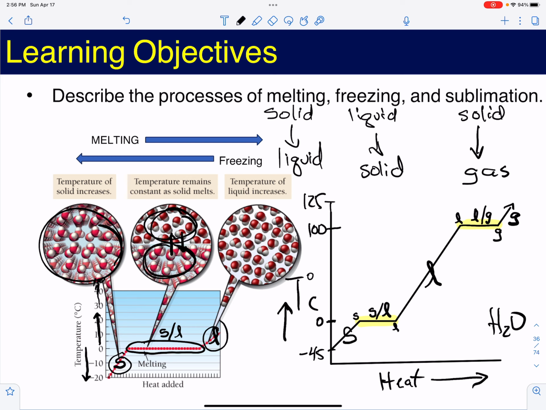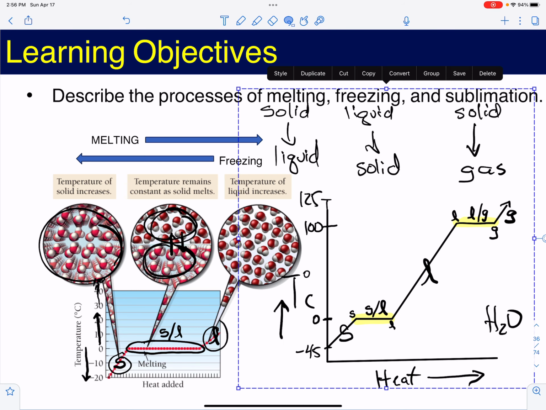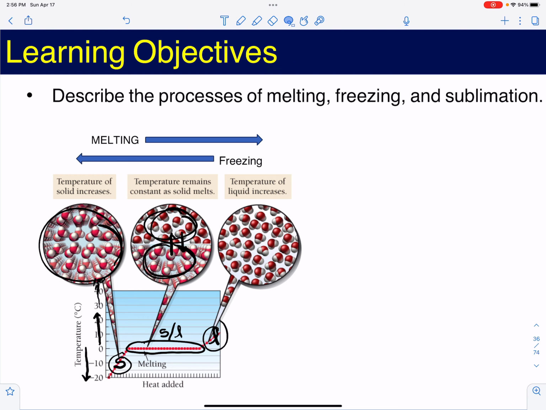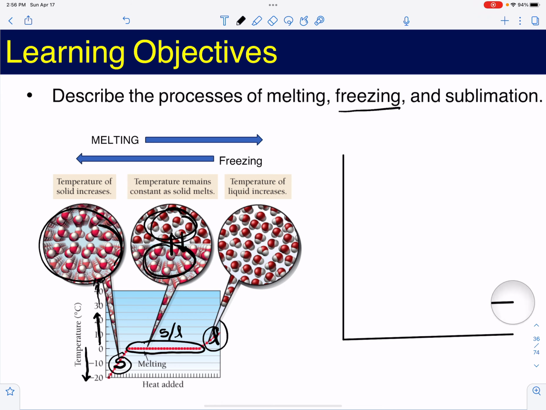And if we do it backwards, that will take care of the melting and the vaporization. What about the freezing? If I was doing a heating curve for freezing, the first thing I would have to say is that makes no sense, because you cannot do a heating curve for freezing, because freezing requires decreasing the temperature.